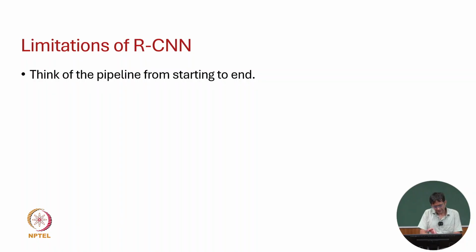So let us now set the background for the next lecture. To do this, we need to think about the limitations of RCNN. To think of the limitations of RCNN, think of the pipeline from start to end. What's happening?